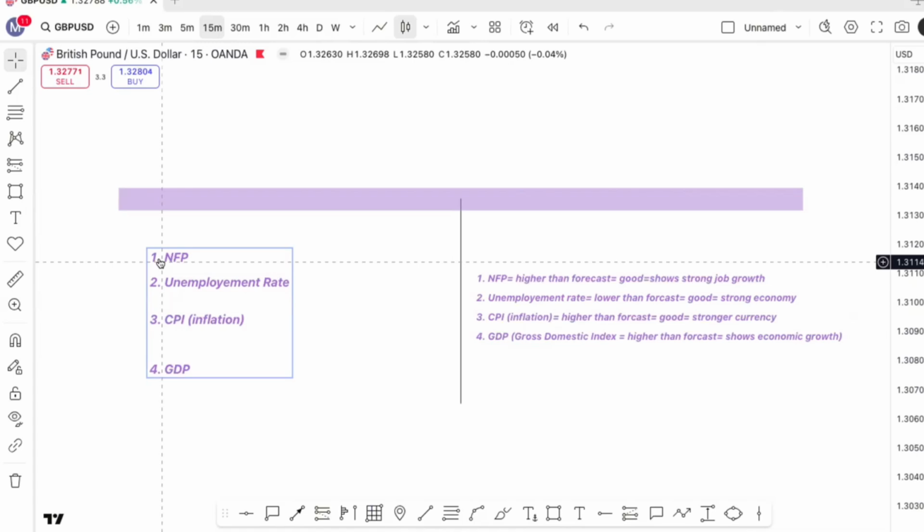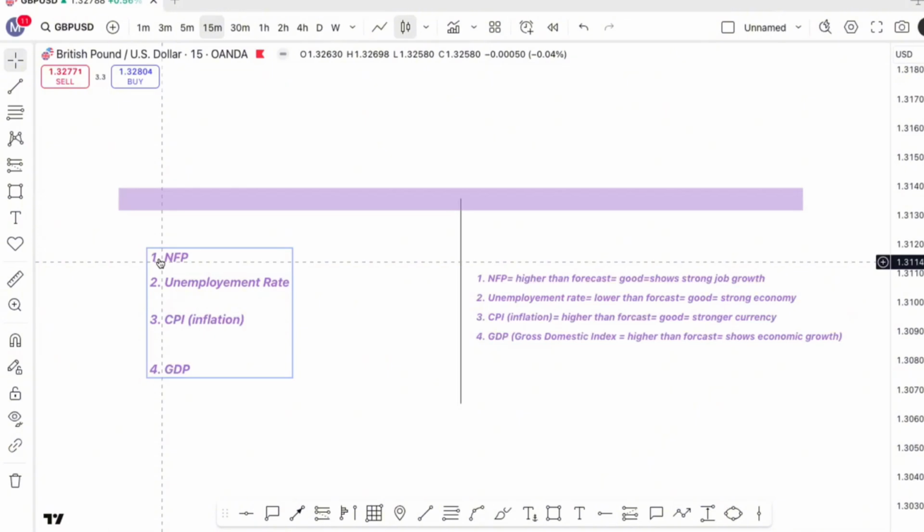But for unemployment rate, when the actual number is lower than forecast, that's even better, because that means there's a strong economy. If the actual number is lower than the forecasted number, then that means there's a stronger economy. Whereas CPI, so inflation, higher than forecast is going to be good because there's a stronger currency.